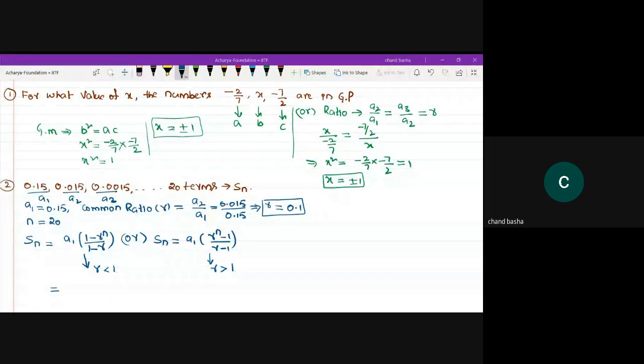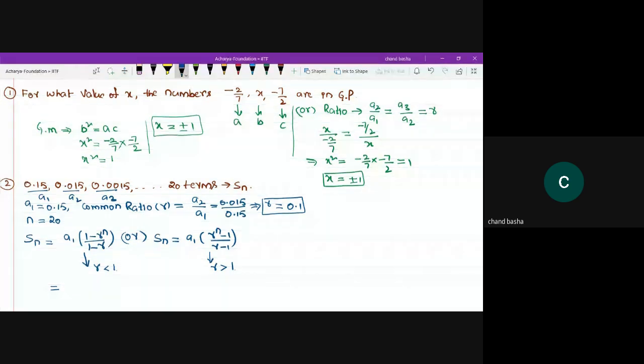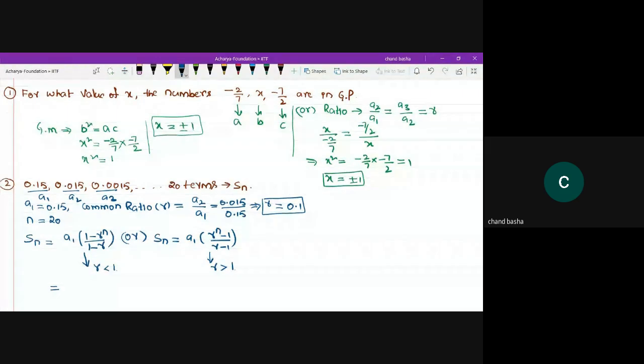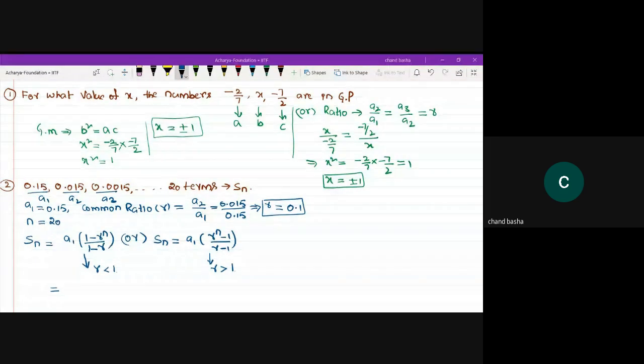What is the answer you got, guys? Dattatreya, Kulkarni, your answer, please. We got the answer? That calculation part is important, and if it is not possible to get the answer, you can leave it as it is.